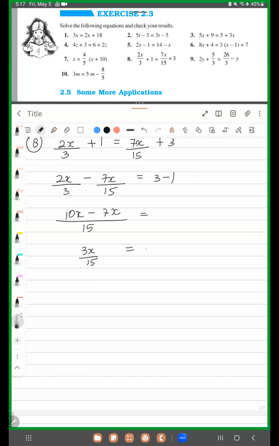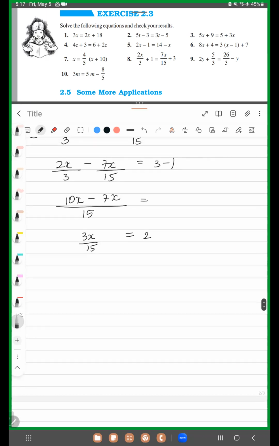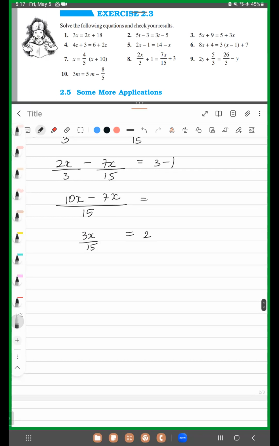Sorry, 2. Now, before sending your 15 to the other side, आप यहीं पे 3 और 15 में cancel कर लीजिए. What will it be? But aren't 3x by 15 like one term? Yeah, it is one term. That's why we're cancelling it, right? Two different terms में तो cancel नहीं कर सकते ना?